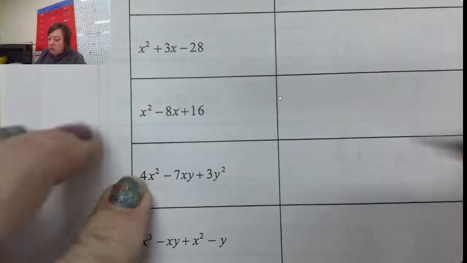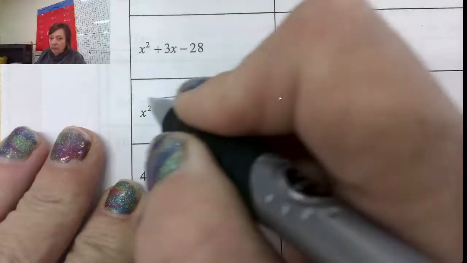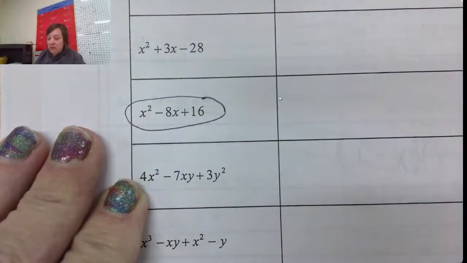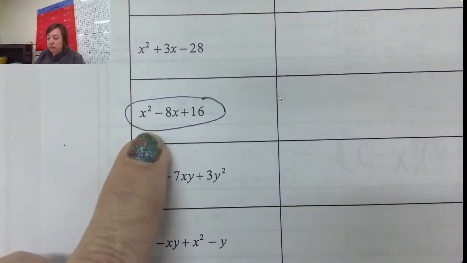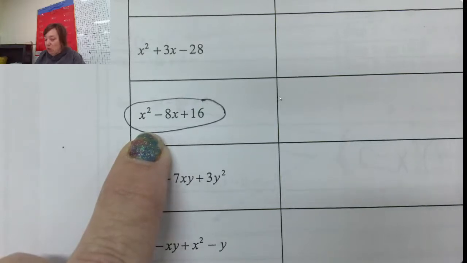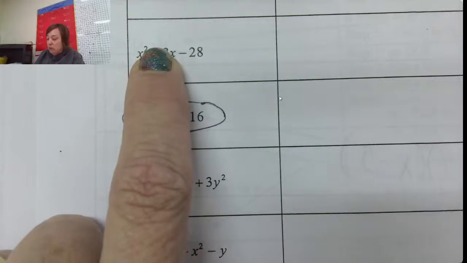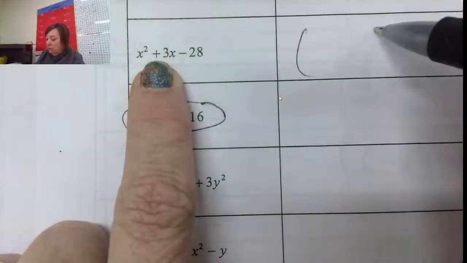I want you all to circle this one, that second one: x squared minus 8x plus 16. Circle that one, because I'm going to make y'all do that one on your own. But we're going to do this one together right here.